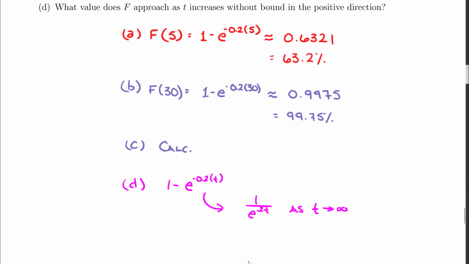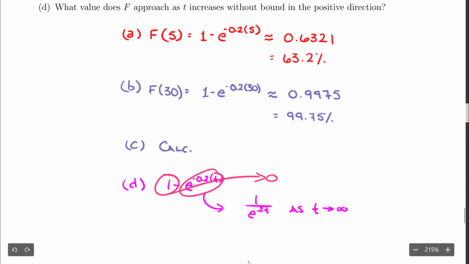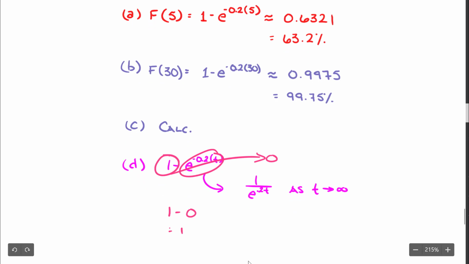Even though we're multiplying it by 0.2, it's still going to increase in size. So 1 divided by an infinitely large number approaches 0. So this whole term approaches 0, and all we're left with is 1. So we essentially have 1 minus 0, which is equal to 1. And that's what our function approaches.